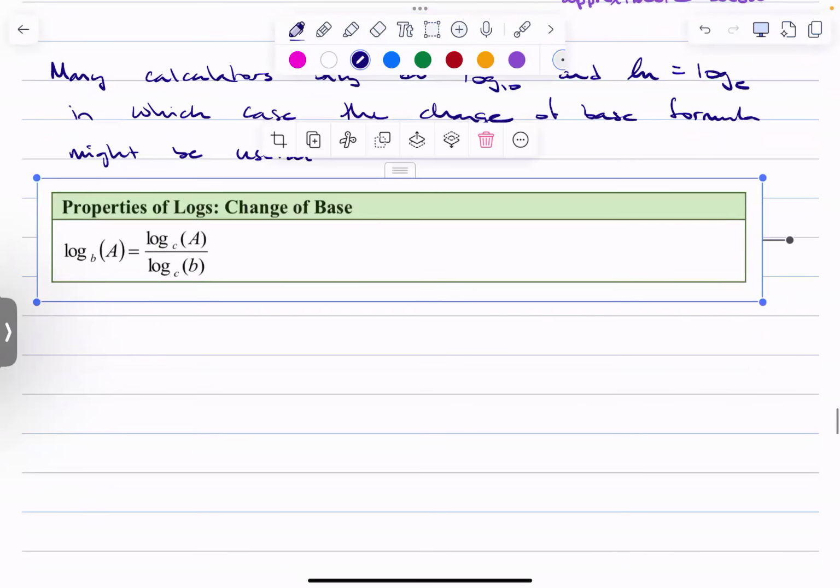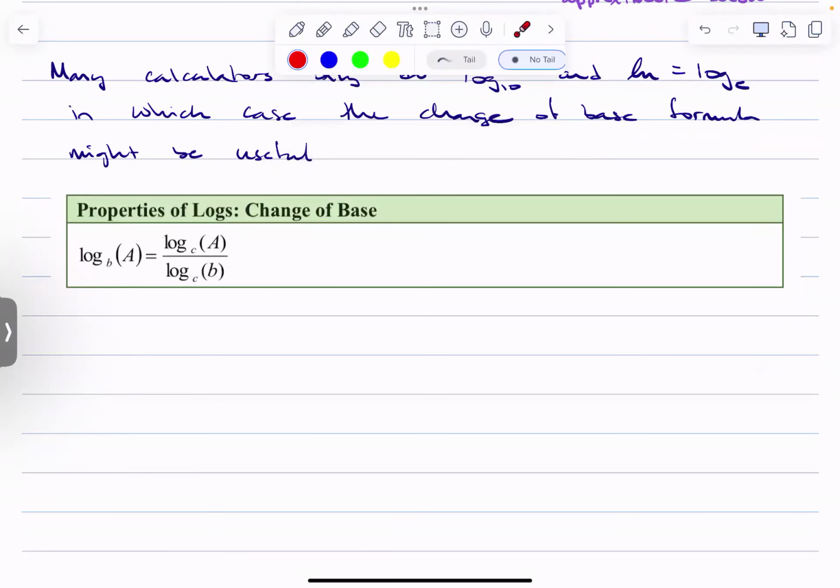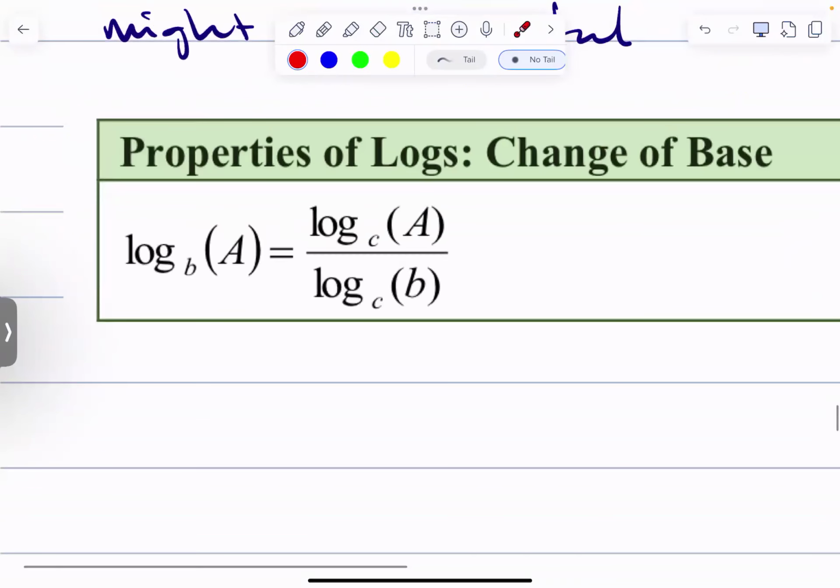The change of base formula looks like this. If I have the log base b of a, that's going to be the same as the log base c of a divided by the log base c of b. Now I would choose a base c that you have on your calculator, log base 10 or log base e, for example.